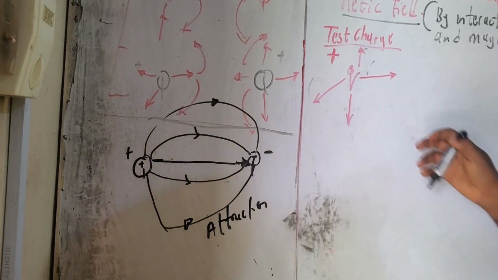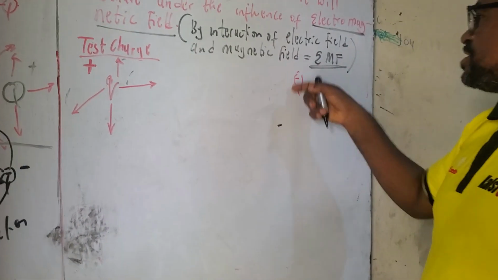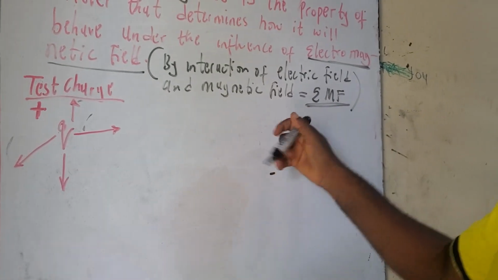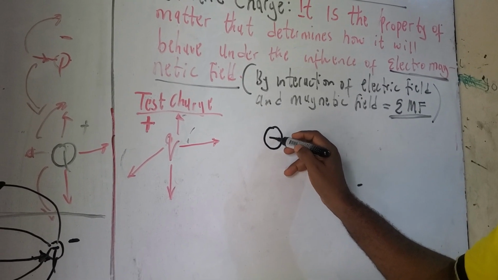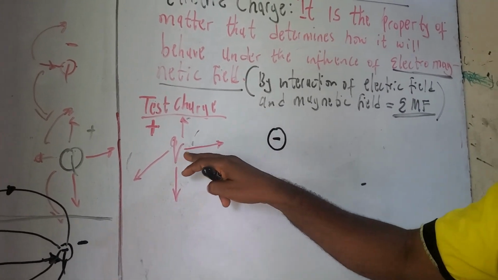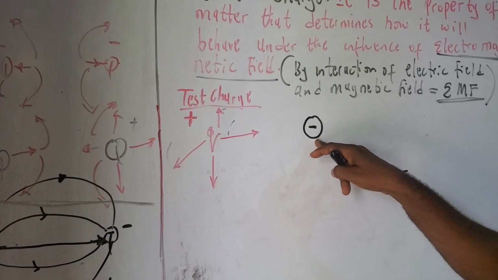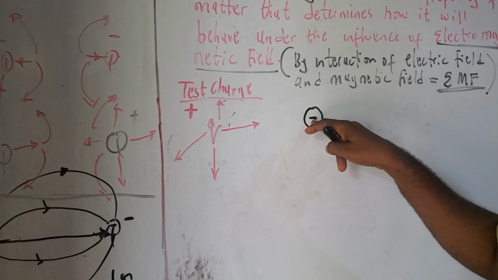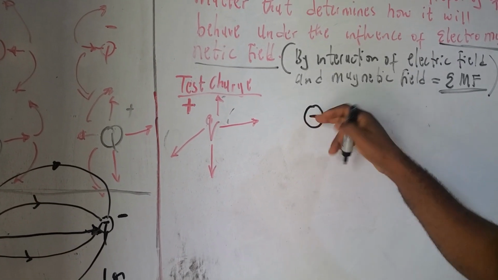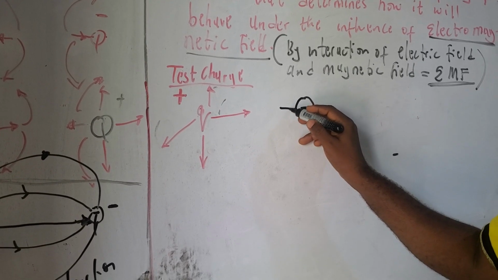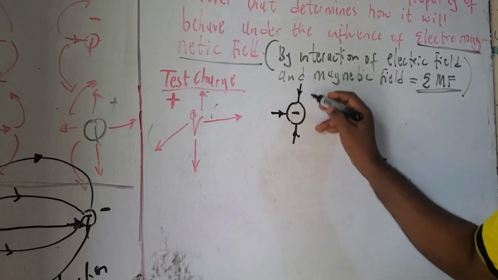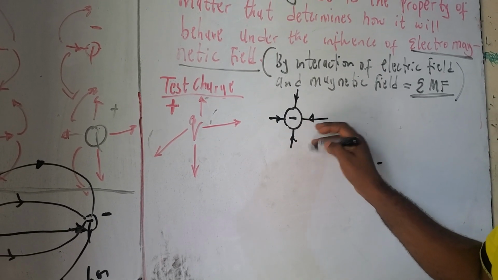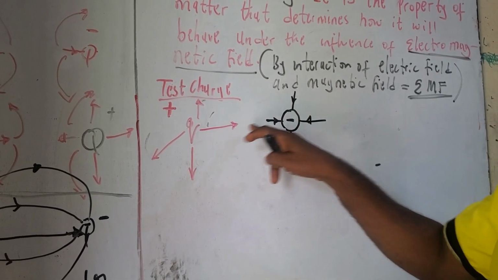Now if you take this concept to this particular charge here, you can discover that if this charge is negative, this positive test charge will move towards this negative charge. That means we indicate the movement like this around it. So this particular field shows that the positive charge is moving towards it.